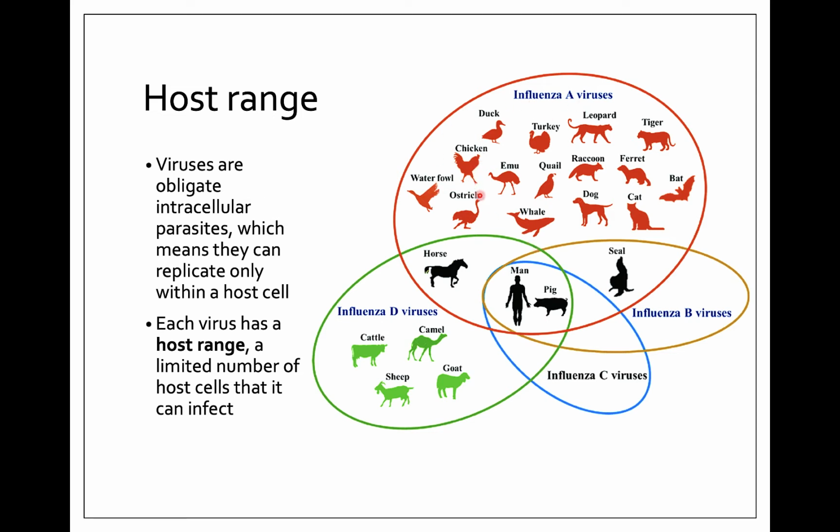We've heard of bird flu. There are a lot of influenza A viruses that affect fowl, and influenza D tends to affect ungulates, like cattle and goats. So the host is going to depend on the specific genetics of the virus and what it has evolved to infect. When a host jump happens, that's when we start to see a new virus appearing in man.